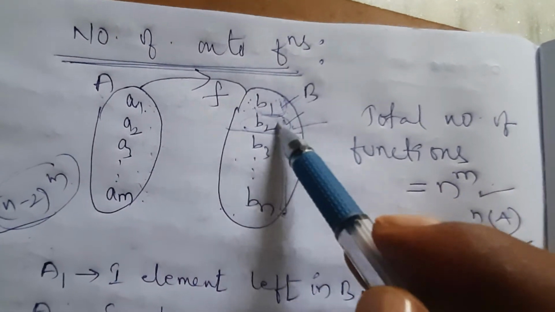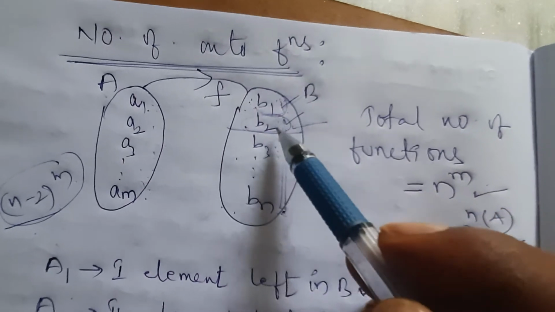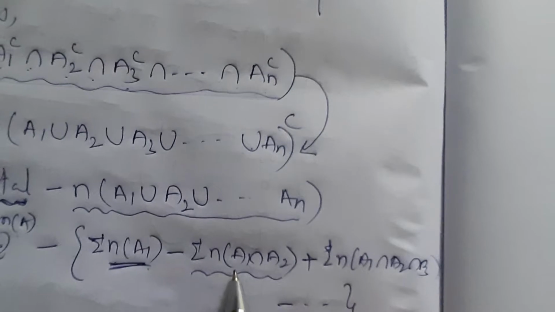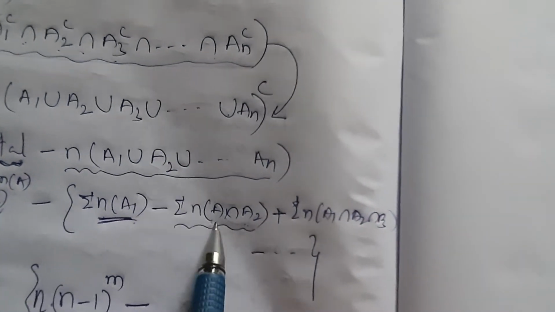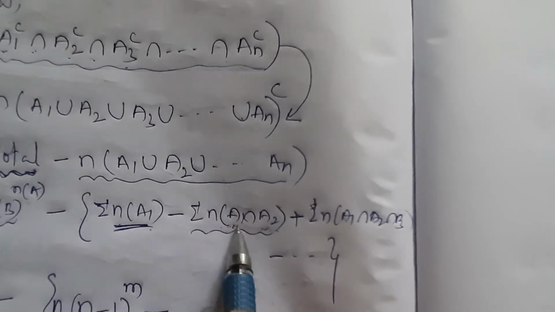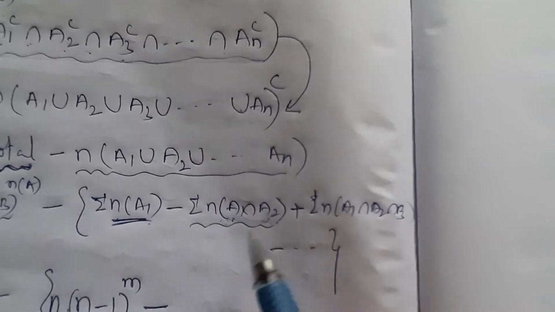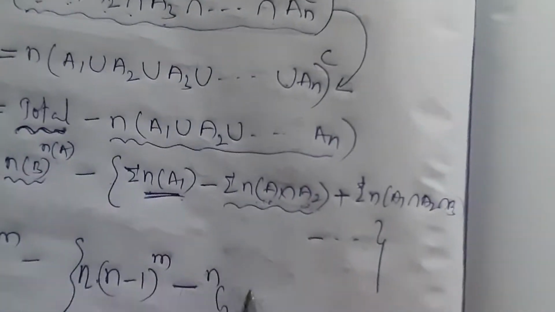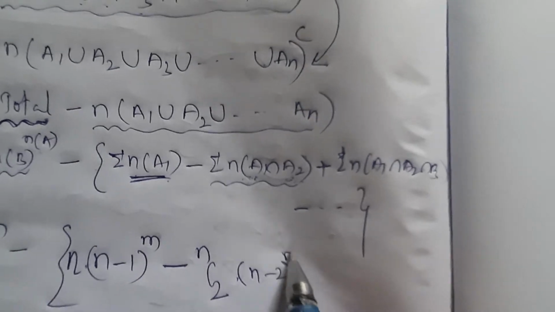Like that, b2 b3, b1 b3, b2 b4, b3 b4. Every selection of two sets. Every selection of two means out of n elements, so nC2, and in each selection you get n minus 2 whole power m. So here nC2 into n minus 2 whole power m.